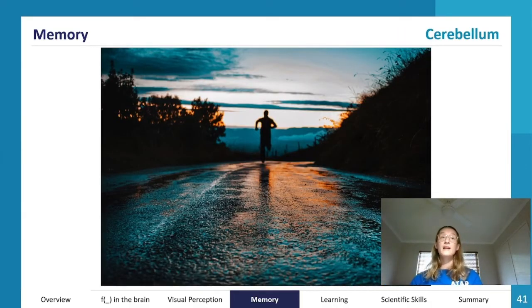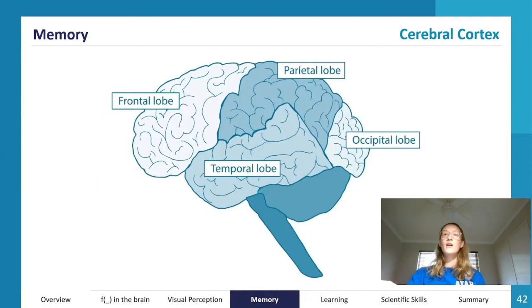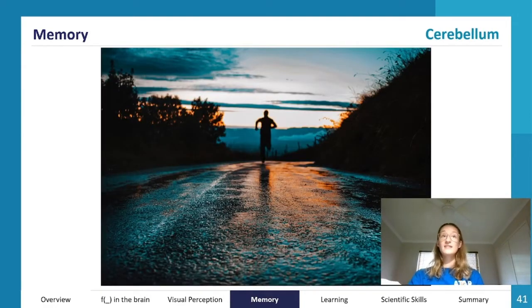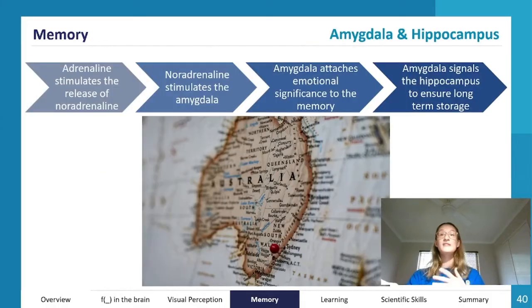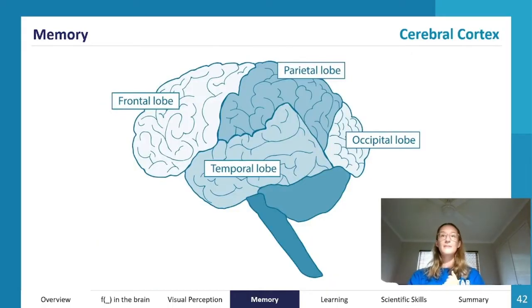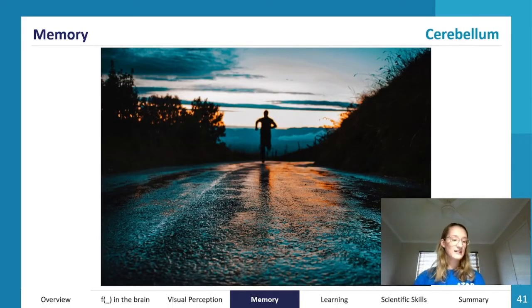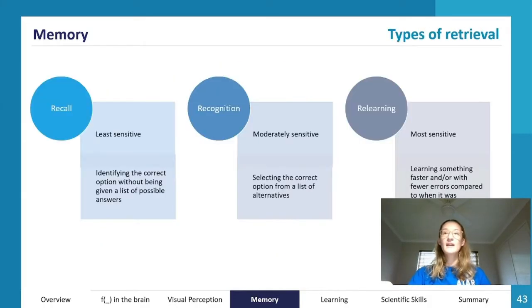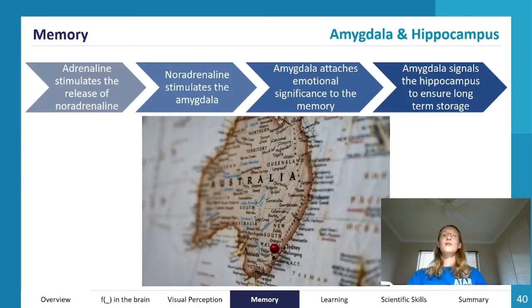There are obviously a lot of significant brain areas for memory, but two of the big ones we'll also be looking at are the cerebellum and the cerebral cortex, as well as the hippocampus. Those are the main ones we'll have a look at for now.